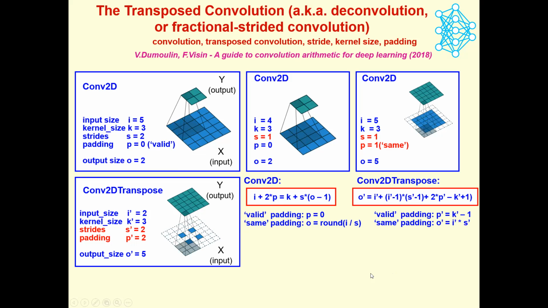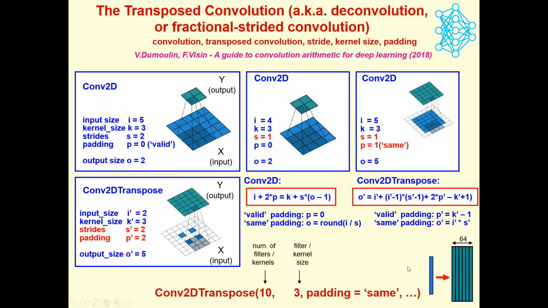And in Keras, the transposed convolution is performed using a certain class. This is a constructor for the object. You create an object every time, and it takes parameters similar to those taken by regular convolution. So the first parameter shows how many transposed convolutions we perform.